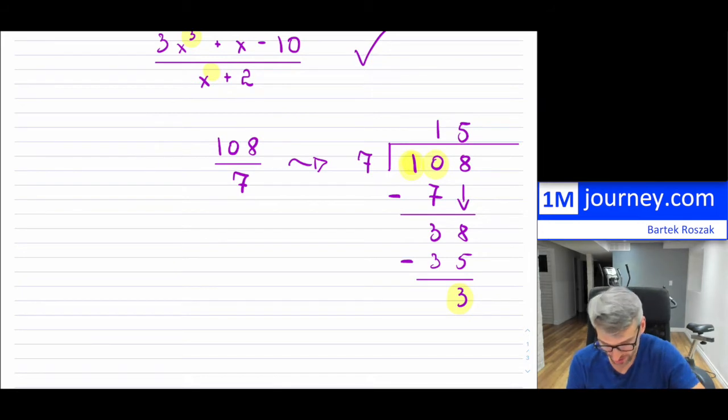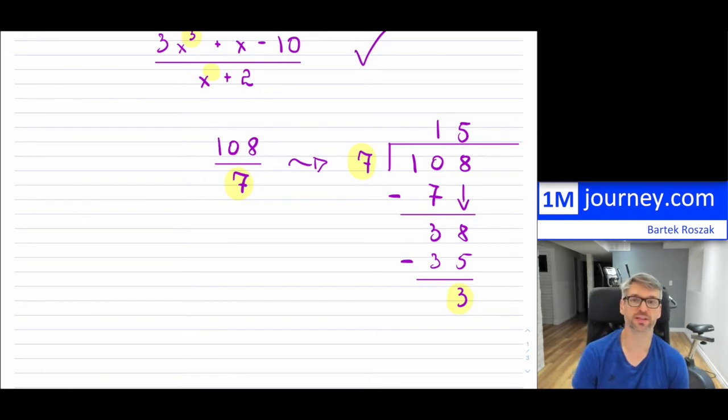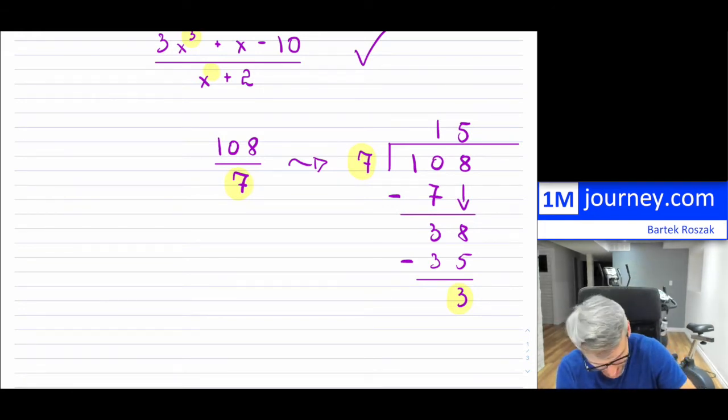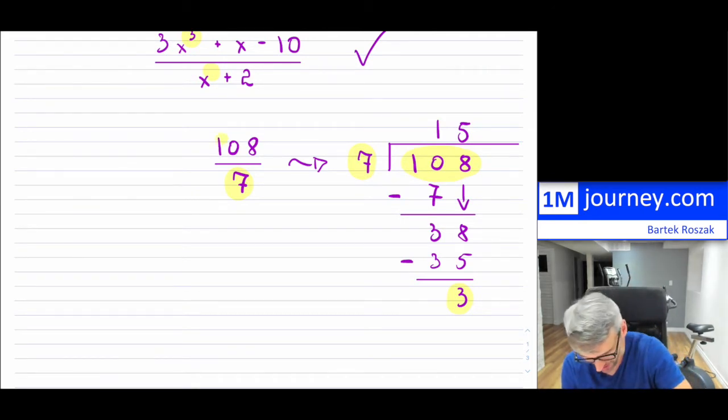Now, these terms I don't typically use them, but I know that, for instance, this 7, when you're dividing by this, we typically call that the divisor. And then this particular 108 right here, this is your dividend. Okay, so that goes in the numerator right here.